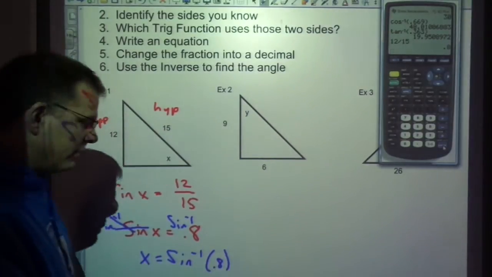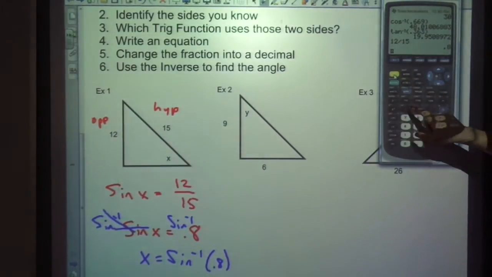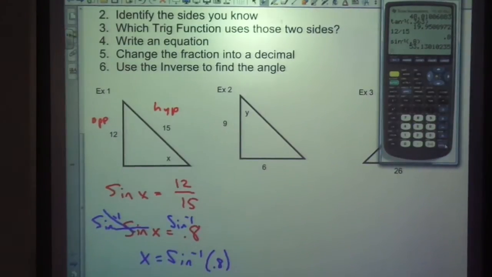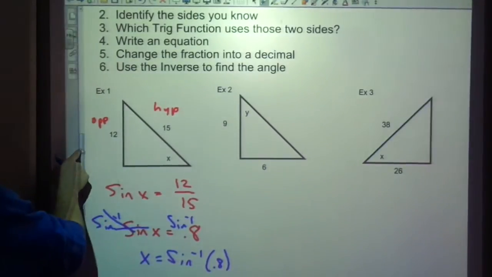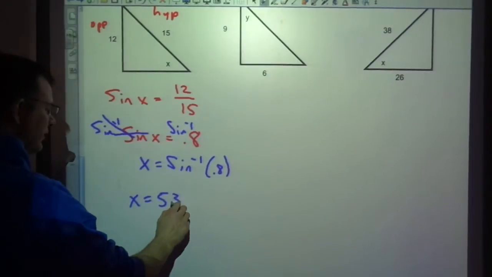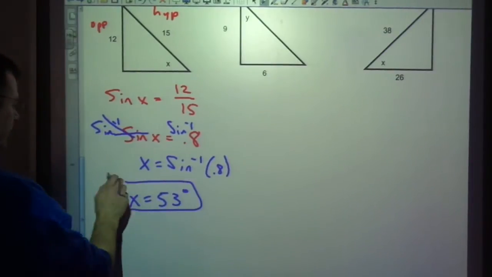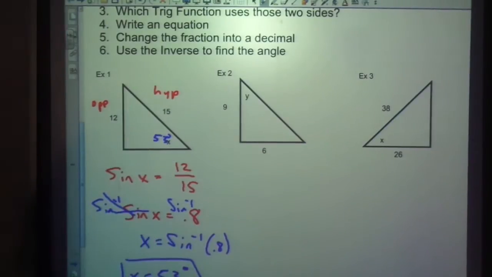So what angle has a sine of 0.8? Second sine, 0.8. 53 degrees. So x equals 53 degrees. So I know that is the angle in here, 53 degrees.